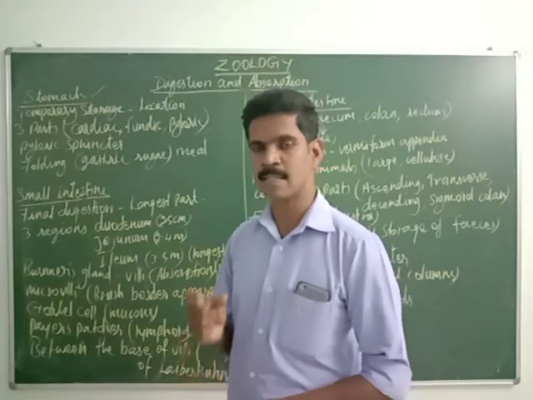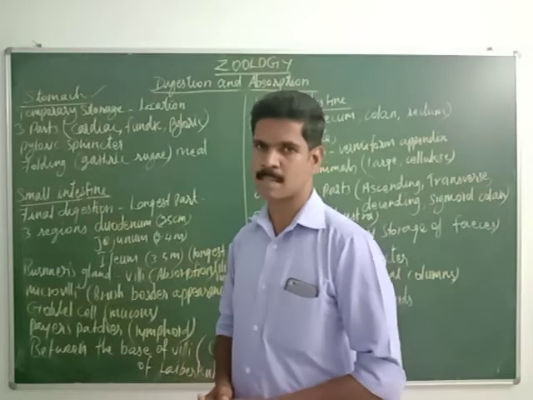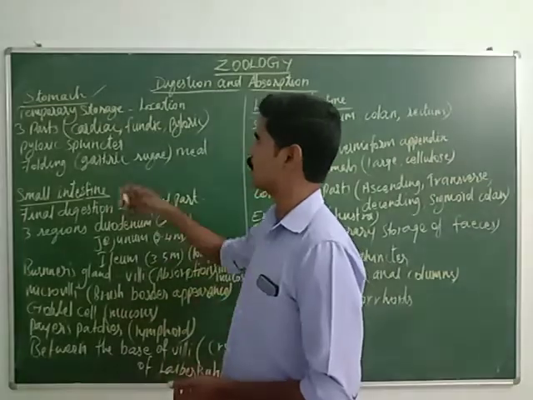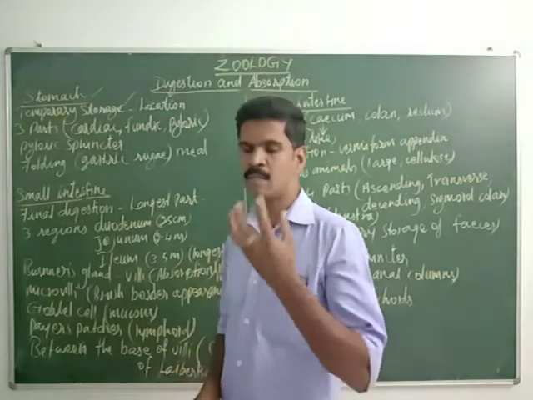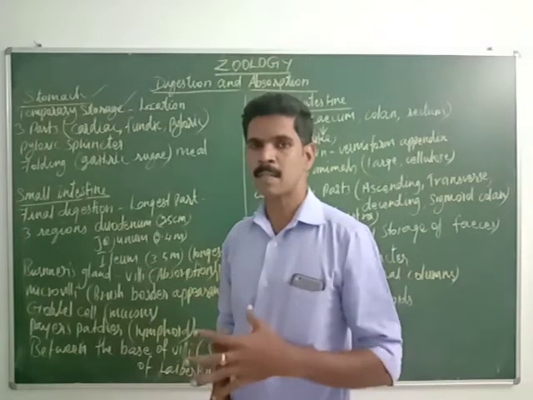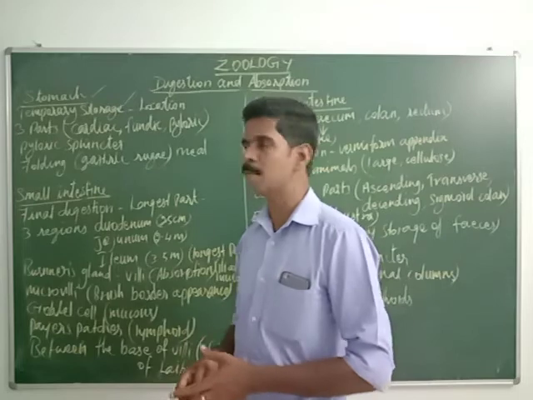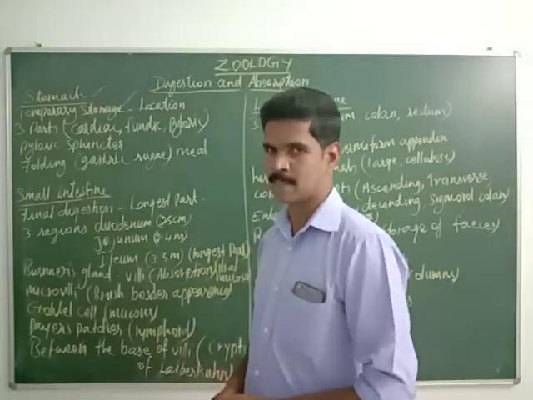The stomach is a J-shaped muscular organ, completely made up of muscles. It acts as a temporary storage of food. The food that we eat is temporarily stored inside the stomach.